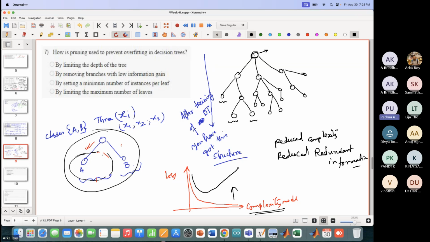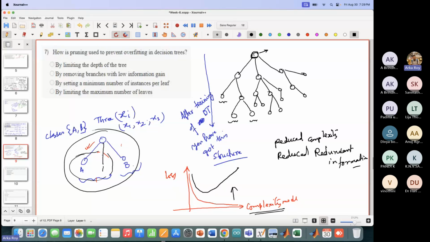So let us see what options they have given. By limiting the depth of the tree: limiting the depth of the trees is not associated with pruning. By removing the branches with low information gain: that is what we have talked about.